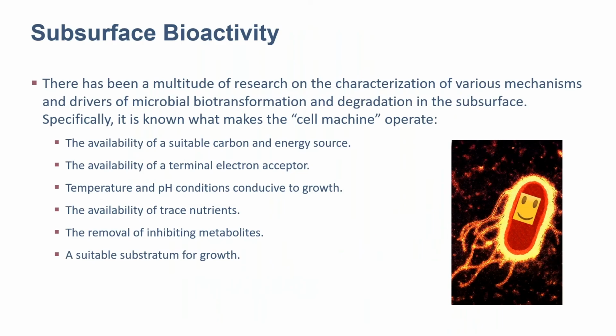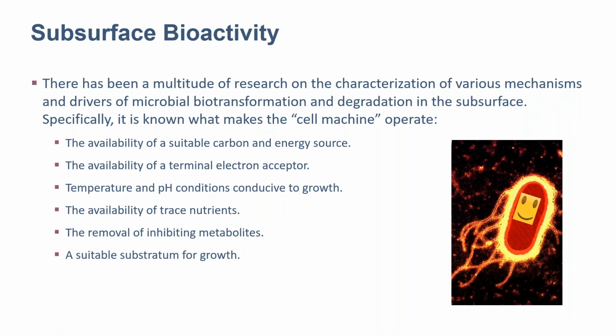And so there's been a multitude of research on the characterization of various mechanisms and drivers of microbial biotransformation and degradation in the subsurface. Specifically, it's known what makes the cell machine or the microbial community be able to operate. And that is, you have to have the availability of a suitable carbon energy source.